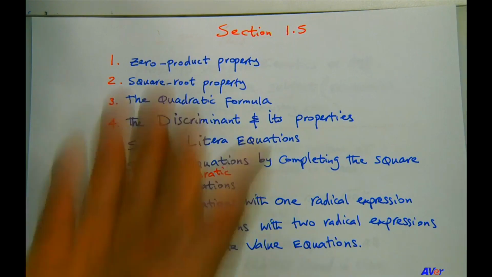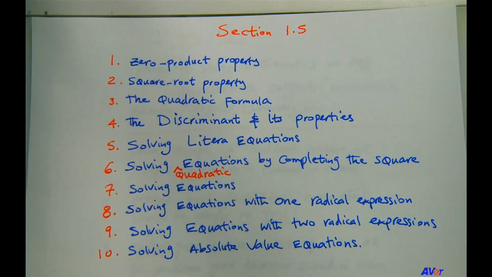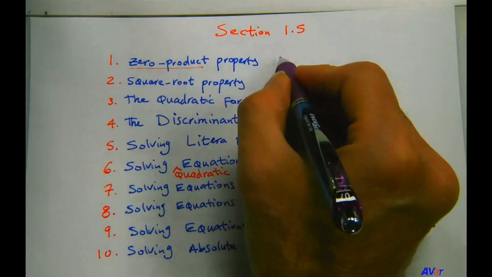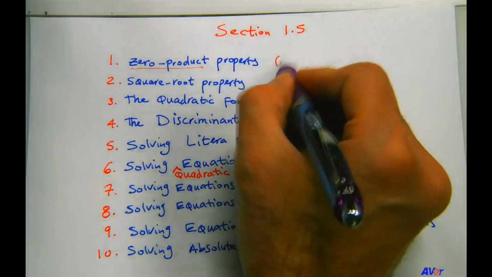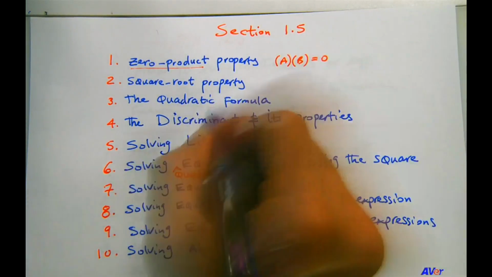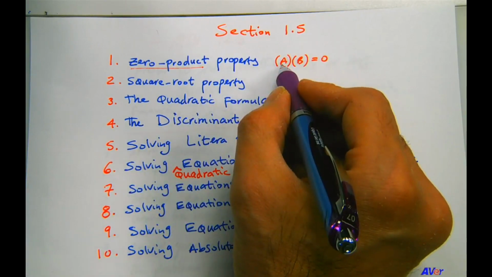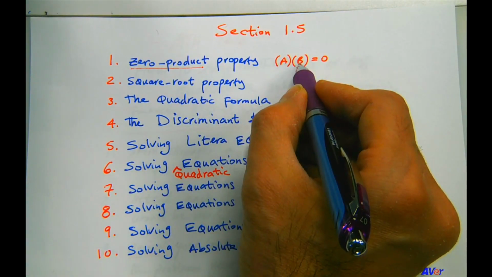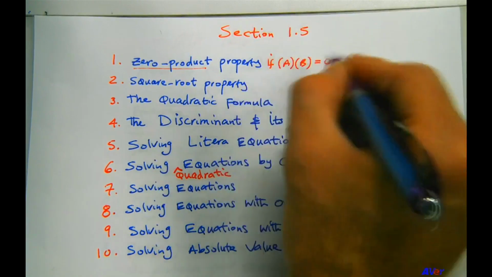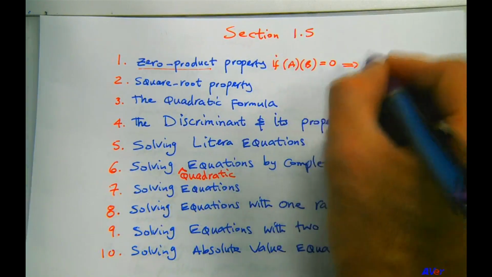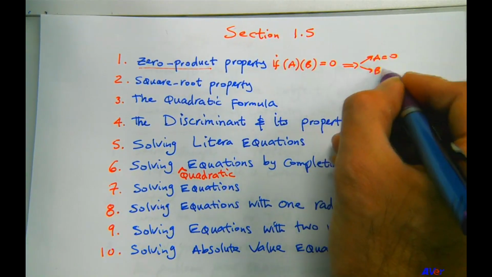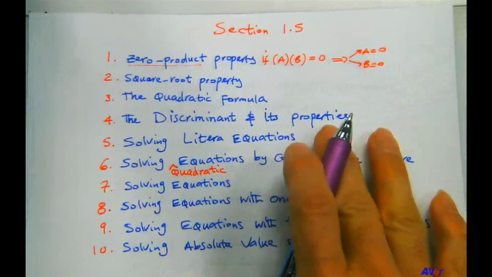So the zero product property is basically saying that if you have two things being multiplied, and if they're equal to 0, then either A is equal to 0 or B equals 0, or both of them are equal to 0.